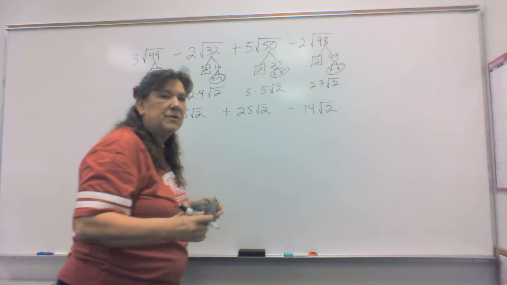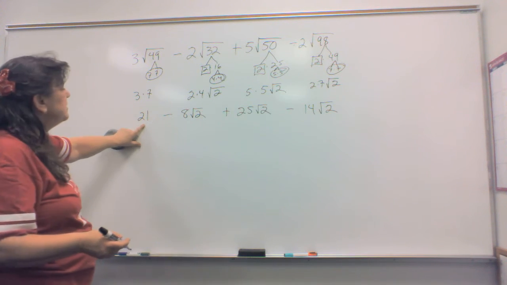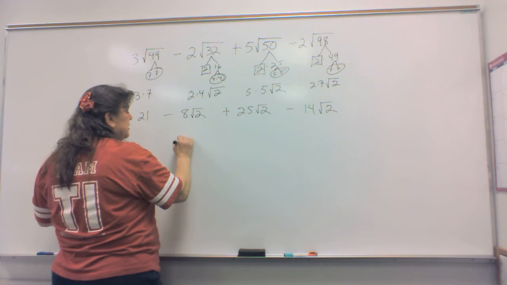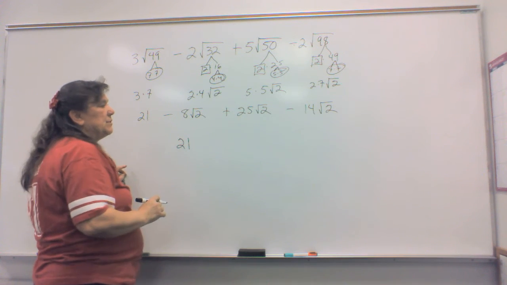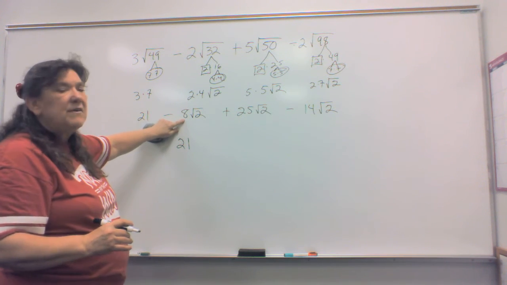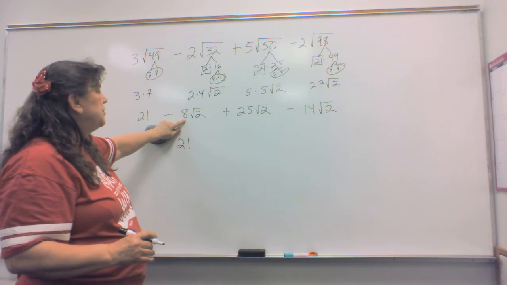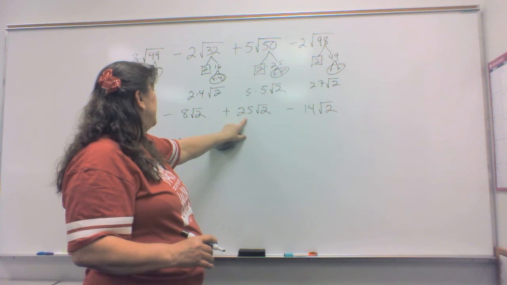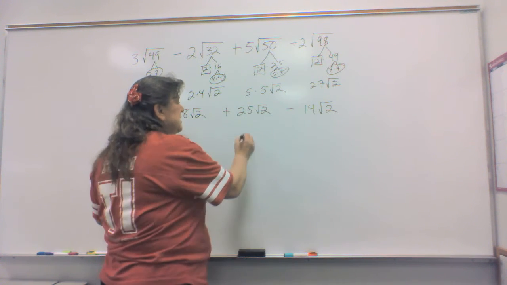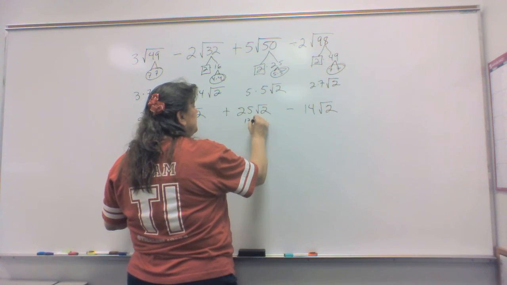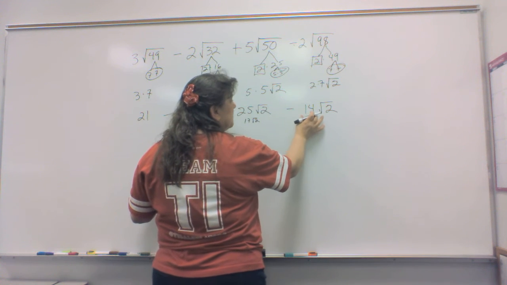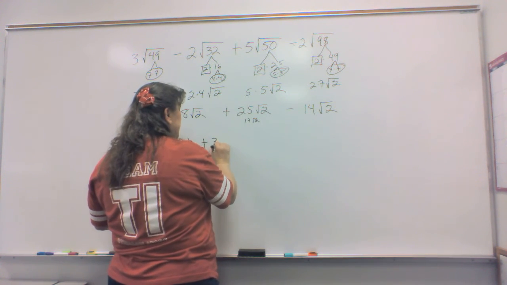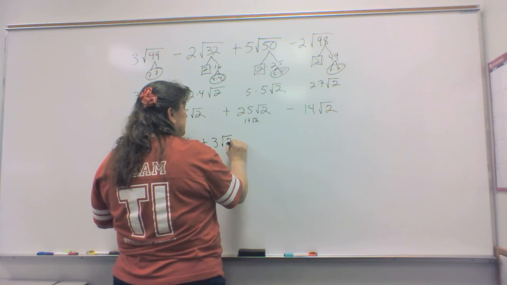Okay, so now let's see what we have. Well, first of all, 21 doesn't have any like term, so obviously 21 is going to be the first thing. Negative 8 square root of 2 plus 25 square root of 2 is going to leave you with 17 square root of 2 as a positive, and minus 14 square root of 2 is going to be plus 3 square root of 2.